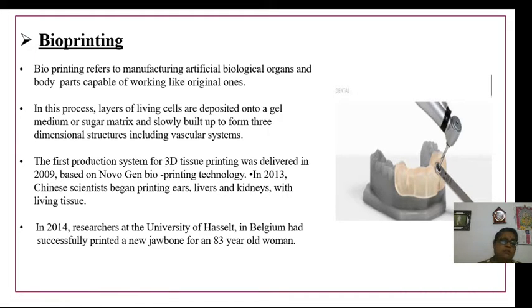During 2009, the first production system for 3D tissue printing was delivered, based on Novogen bioprinting technology. In 2013, Chinese scientists began printing ears, livers and kidneys with living tissue. And during 2014, researchers at the University of Hasselt in Belgium successfully printed a new jawbone for an 83-year-old woman.